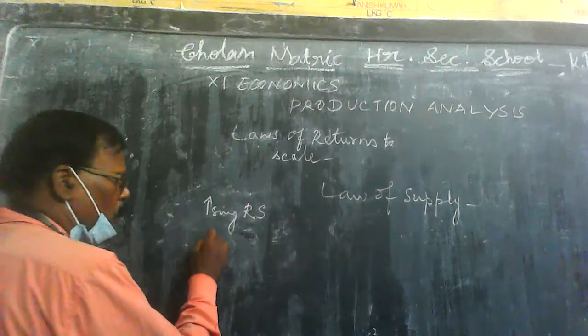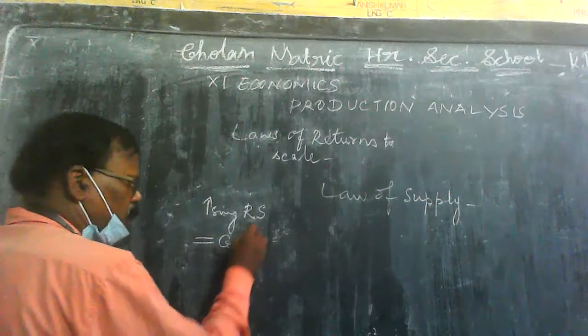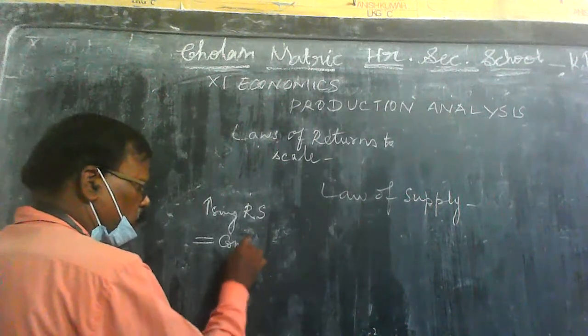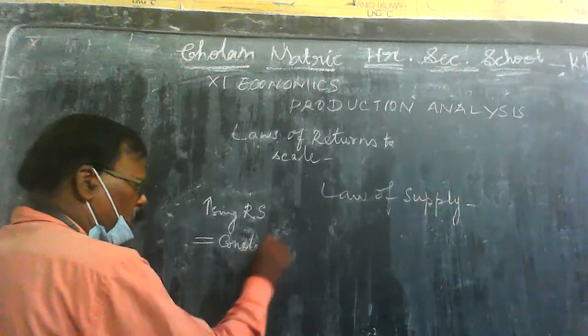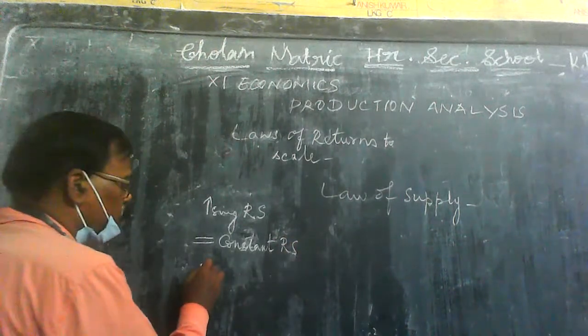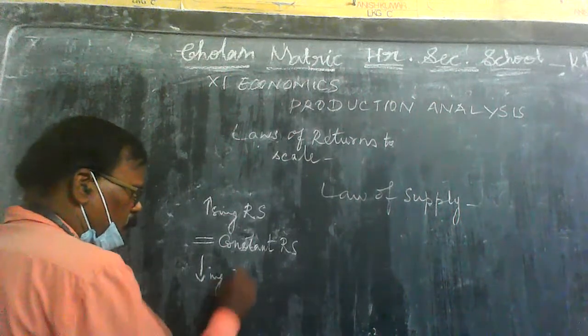Next is constant returns to scale. Then third is diminishing returns to scale.